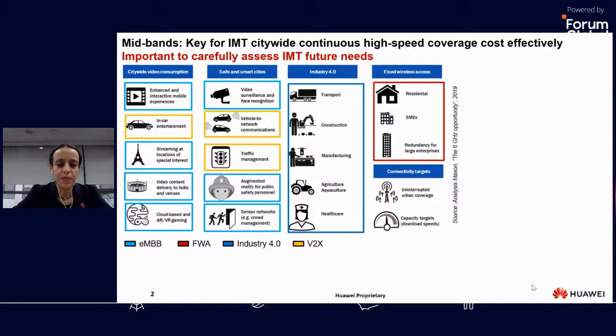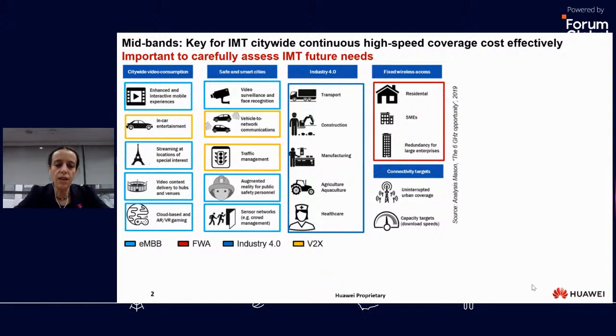One of the questions that has been asked regarding this session is how can we fulfill the different needs from different users? What this slide is showing is that 5G is serving needs from different kinds of use cases, different kinds of businesses, and different kinds of users.